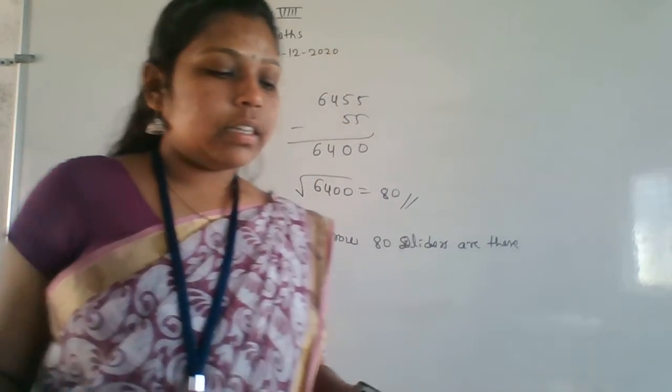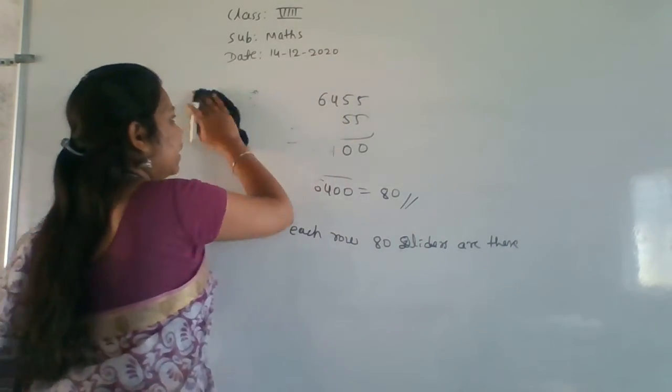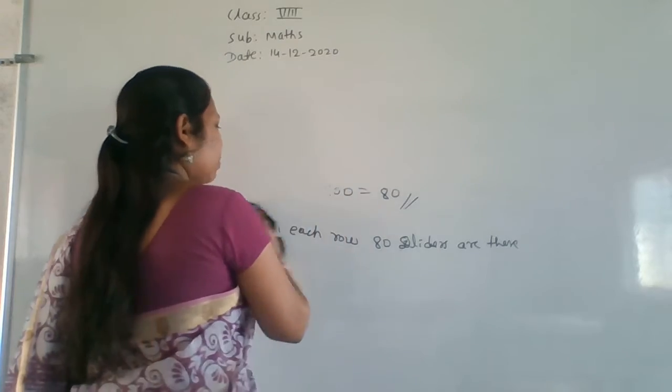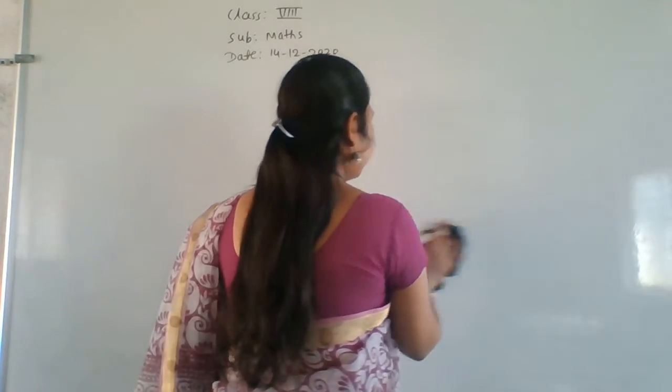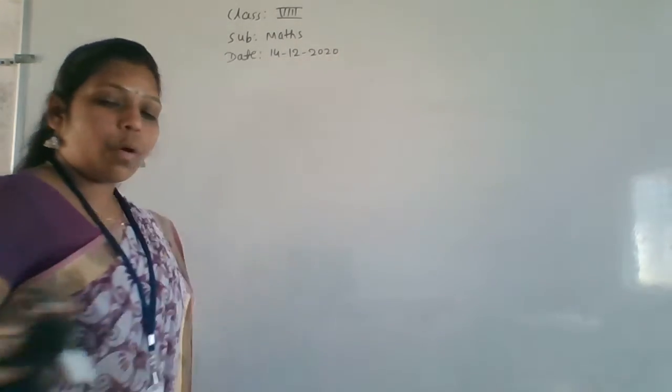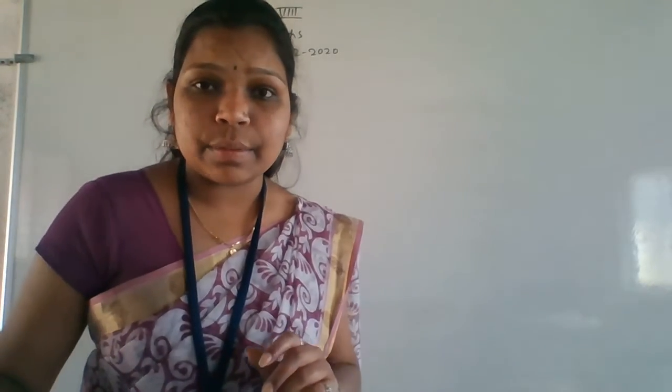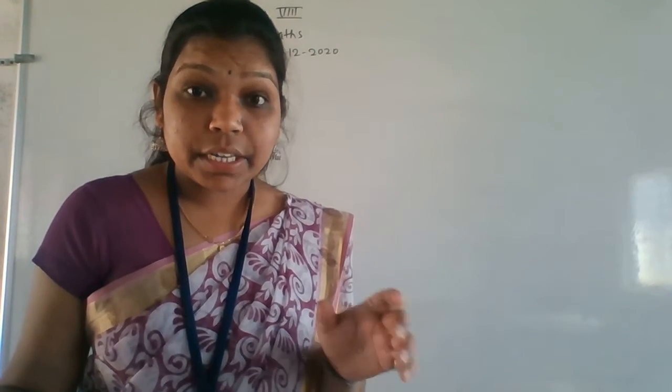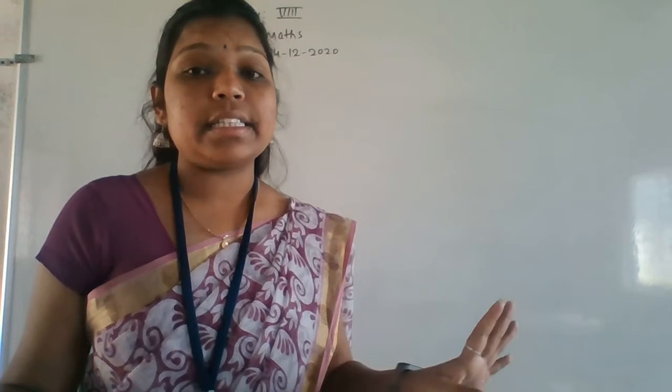First, the smallest number we have to find here. For that, we have to find the LCM of those numbers. Whenever they say smallest number, you have to think about the LCM. Whenever they tell to find the biggest number, then you have to find the HCF.